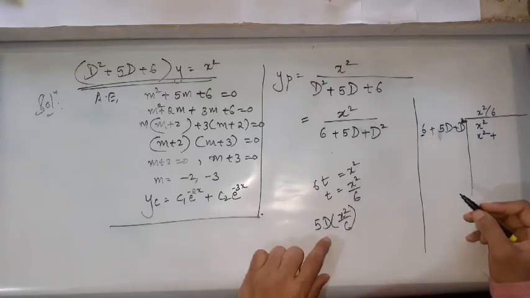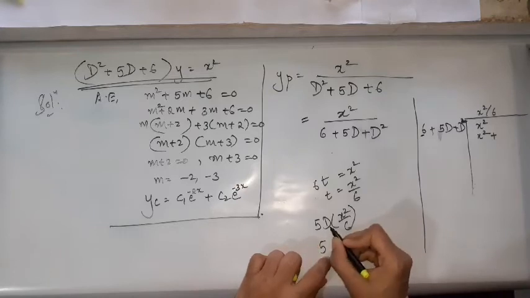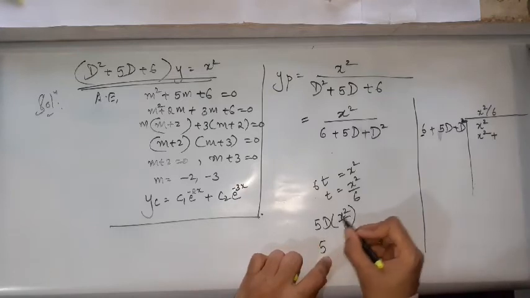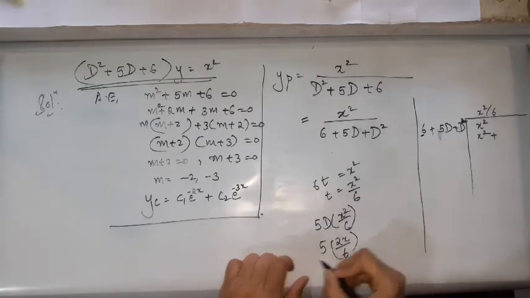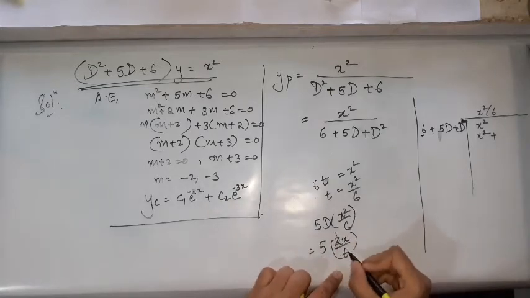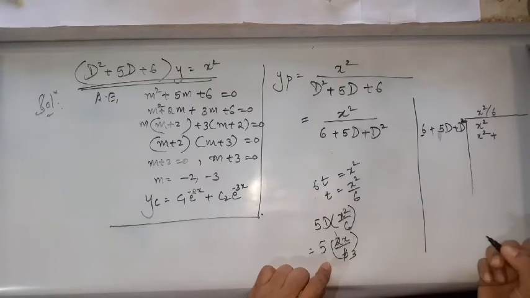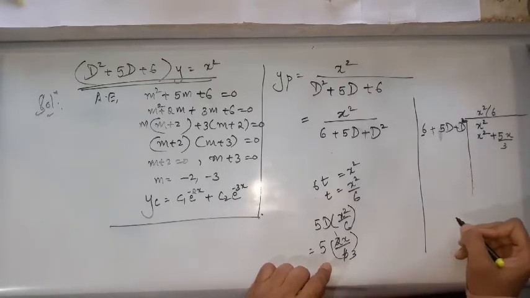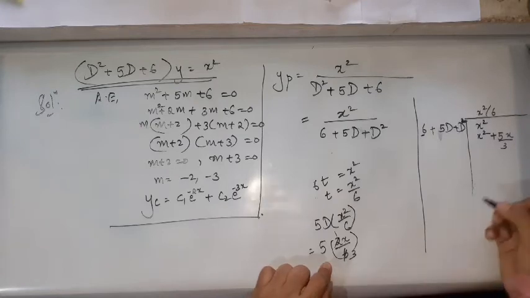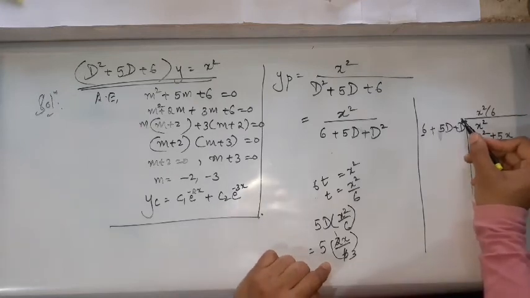So if you take the derivative of x square with respect to x, it will be 2x divided by 6. If you simplify this, 2 1s are 2, 2 3s are 6. You have 5x divided by 3. So that comes here, 5x by 3. Is it clear?